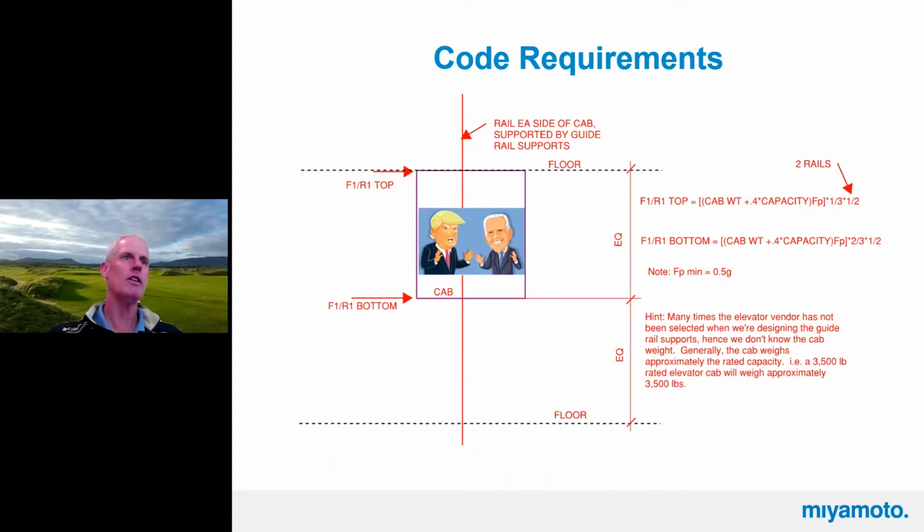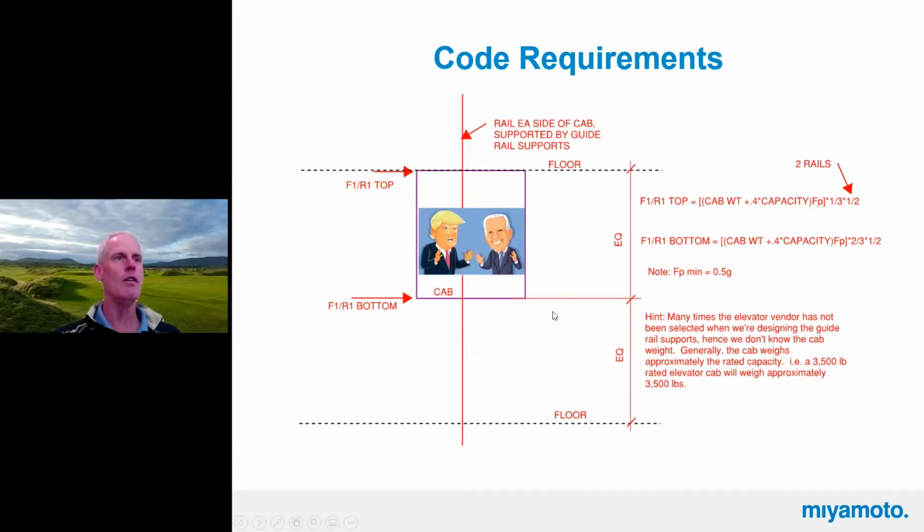Then the code asks us to calculate the seismic force, which is the cab weight plus 40% of the rated capacity times the Fp force. Then we put 1/3 of that at the top and 2/3 of that at the bottom, and we come up with our forces to our guide rail support posts. When the cab is moving around, you could get these two forces somewhere along the span between floors, but the controlling force is always when you put the bottom reaction in the middle of the floor.